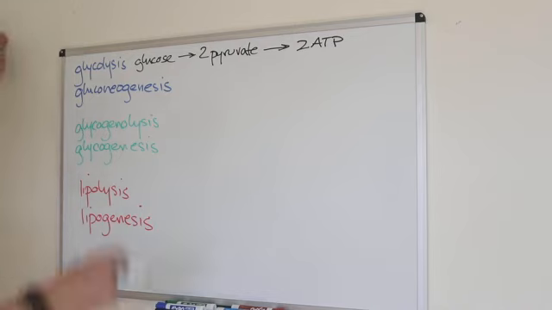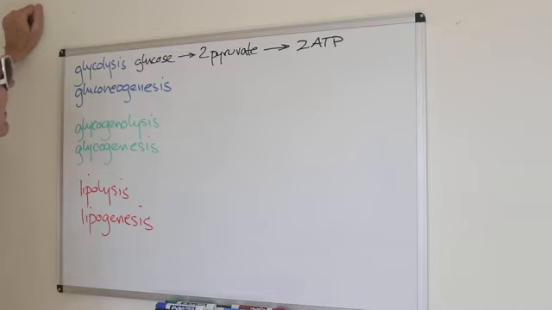Now, pyruvate can be plugged into the citric acid cycle, anaerobic respiration, oxidative phosphorylation. We can end up with 34 or 36 ATPs if there's oxygen. But even if there's not oxygen, we can still get 2 ATPs. Glycolysis is a very ancient pathway, all right? So get 2 ATPs from 1 molecule of glucose. That's all it is. That's all you have to know about this, all right?